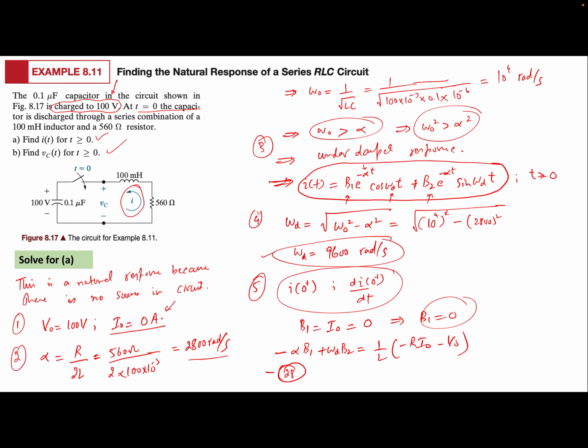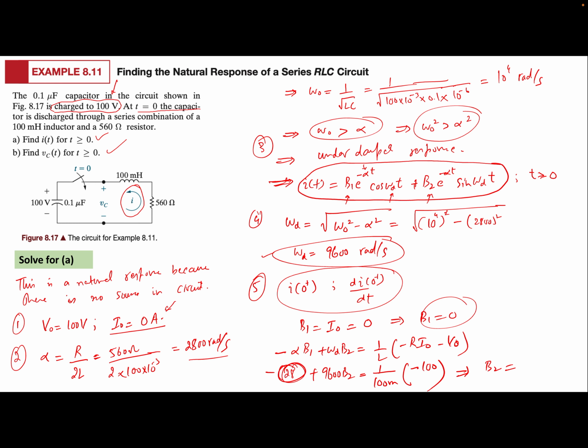So this is going to come out to be a big 0, plus omega d, 9600 b2, equals 1 over L, which is 100 millihenry, times minus R I naught. I naught is again 0, which makes that whole thing 0. Minus V naught. Is it minus? Yeah, it's minus V naught. So this is going to come out to be minus 100.